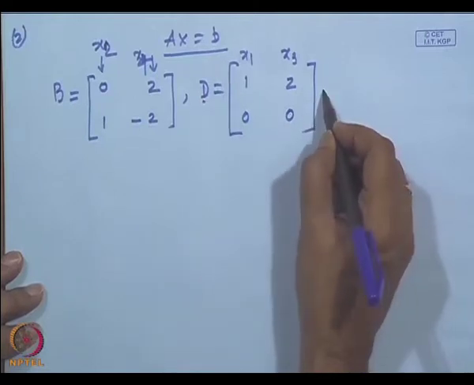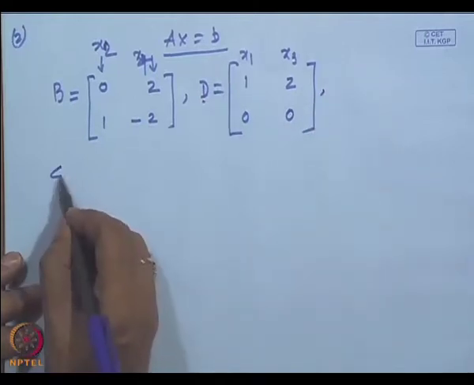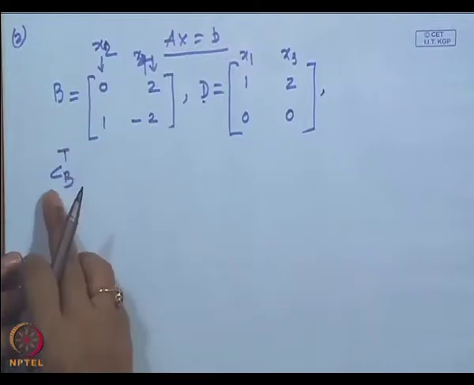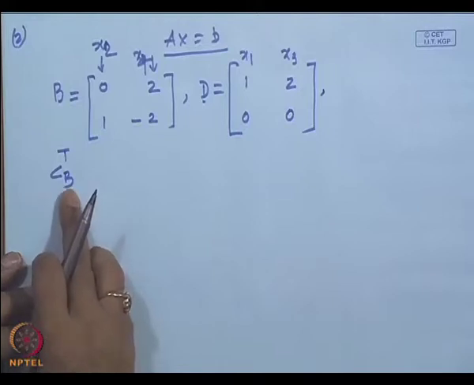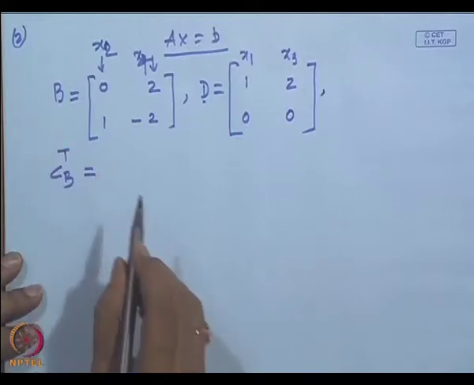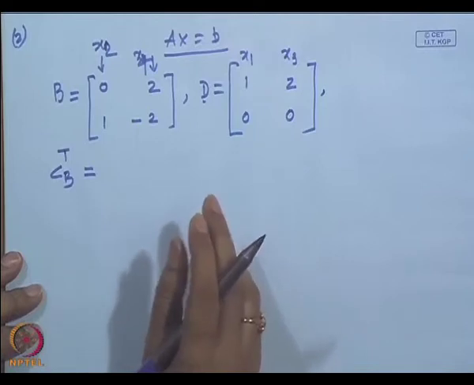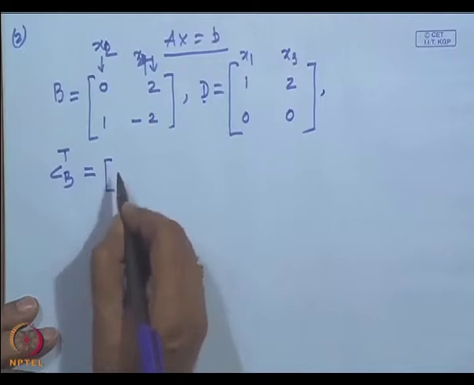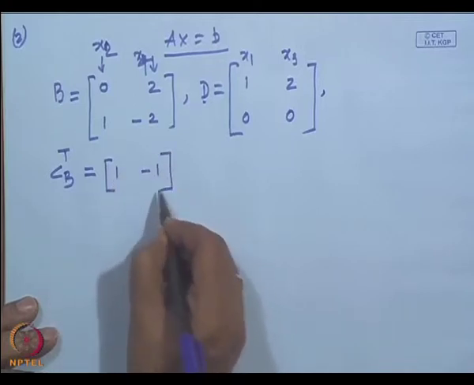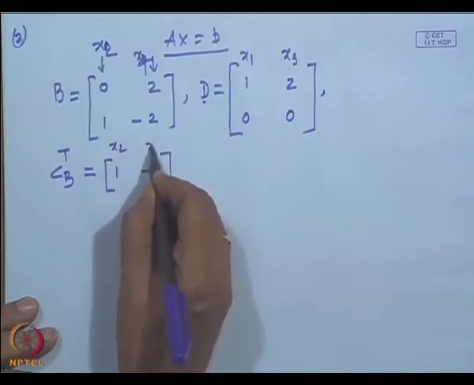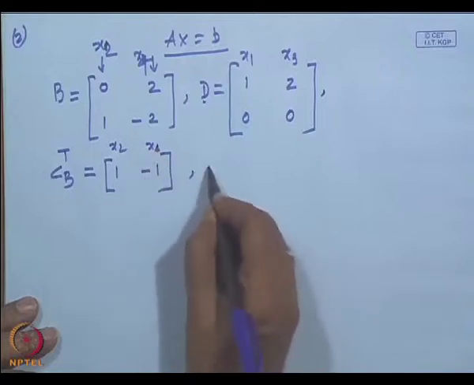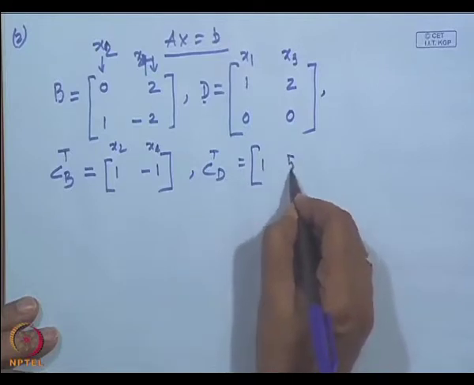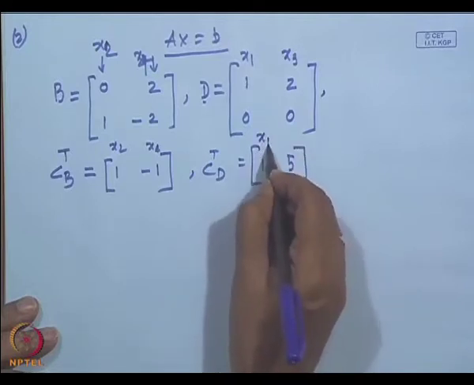So, you know B, D. Correspondingly, from the objective function, I found C B transpose, associated with the basic variables x 2, x 4, which is 1, minus 1, and C D transpose, associated with x 1, x 3, which is 1, 5.